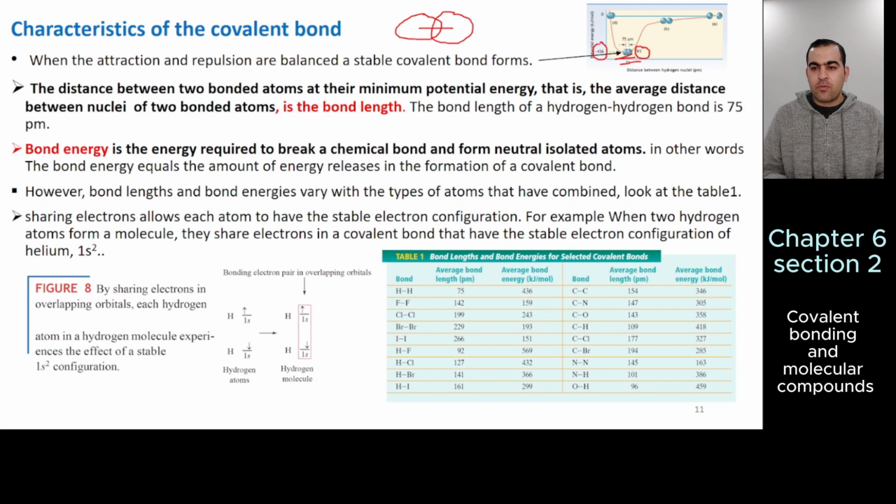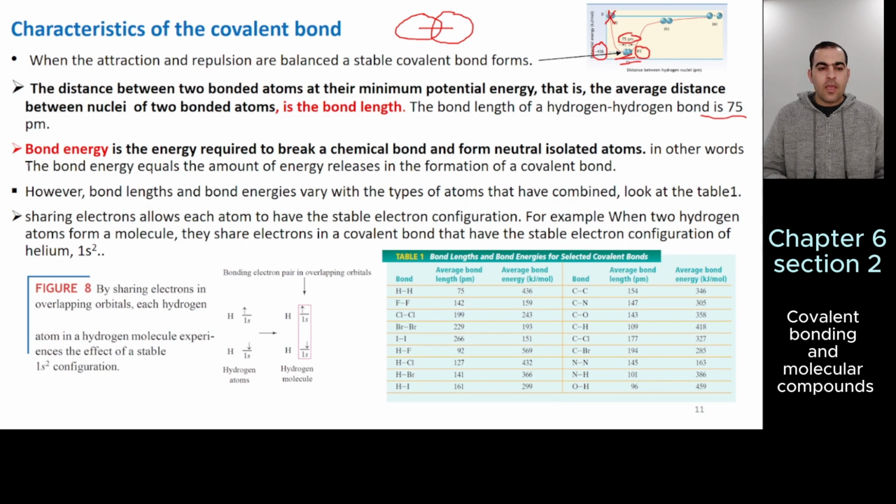Okay, we measure it here, not here. So we measure the distance between nuclei of two bonded atoms when they have minimum potential energy. For hydrogen it is 75 picometers, the distance between these two hydrogen atoms.